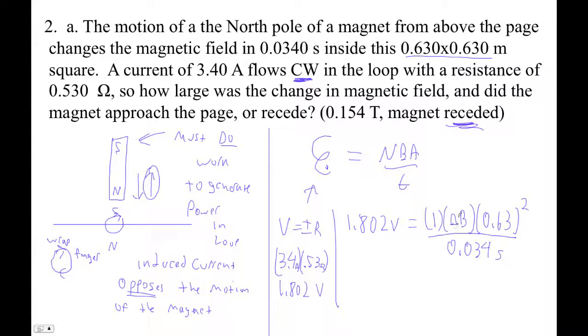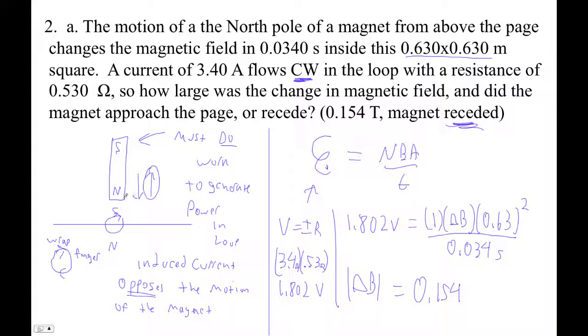We're just trying to find this change in magnetic field. So I'm going to take the 1.802 times 0.034 and divide by 0.63 squared, and I should have the change in B. I'm getting that the magnetic field, the absolute value of this, was 0.154. Now what's going on?